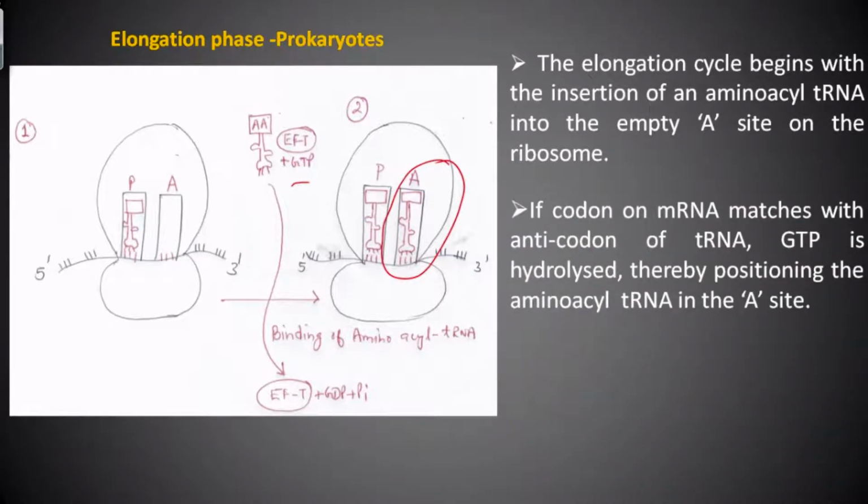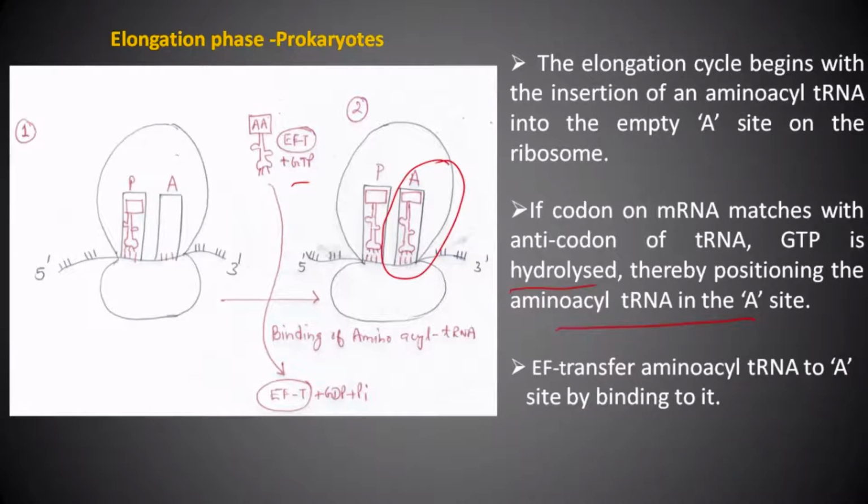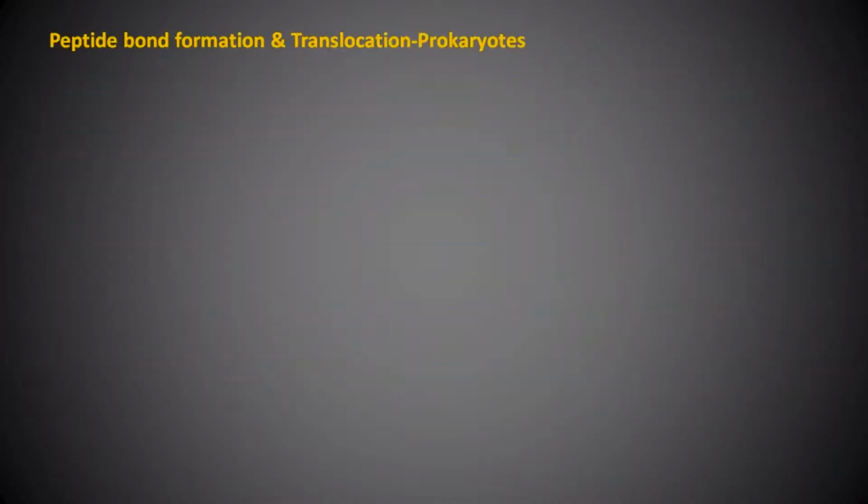Second, if the codon on mRNA matches the anticodon of tRNA, then GTP is hydrolyzed, thereby positioning the amino acid tRNA inside, which I have told you already. And then the elongation factor transfers this amino acid tRNA to the A site by binding to it. Now the next step: peptide bond formation and translocation.